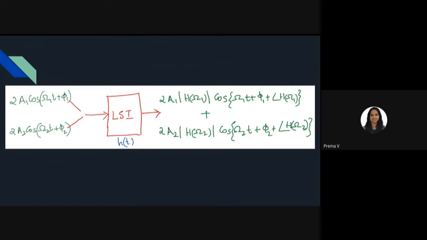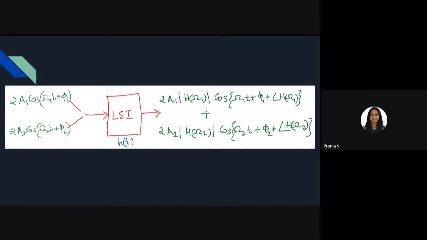From this first expression you can observe there is a change in magnitude. The frequency will be the same as the frequency of the first input, with a change in phase. And the second waveform will have a different magnitude, but the frequency is the same as the second input, with a change in phase. So this is very important.